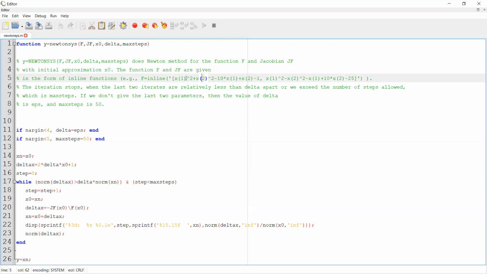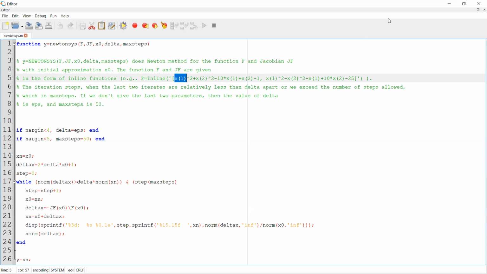So x1 is x, and then x2 is y. So this is a function in 2 variables. Our x is in fact a vector. So that's why we have x1, x2, x3 for the variables.